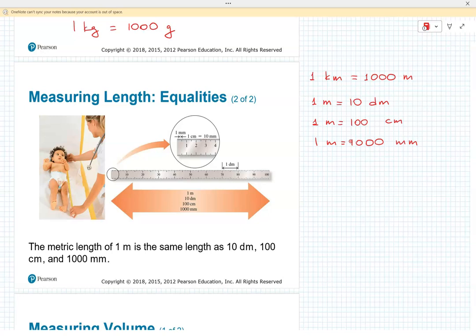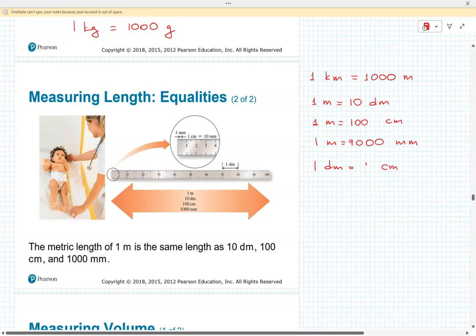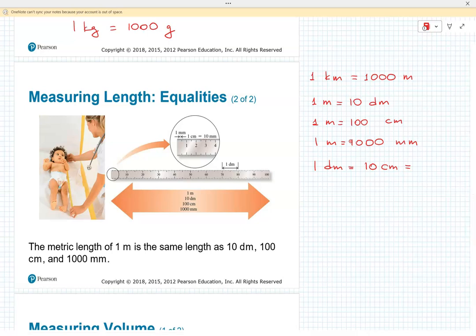Okay, makes sense? Now, tell me please, considering what we just wrote, 1 decimeter equals how many centimeters? How many millimeters? 100.